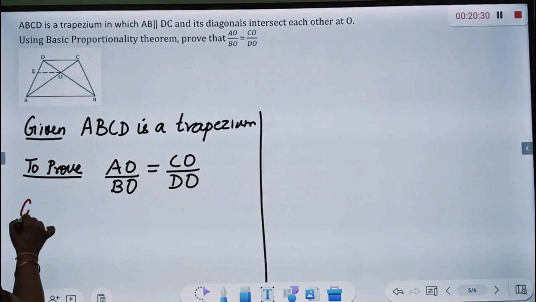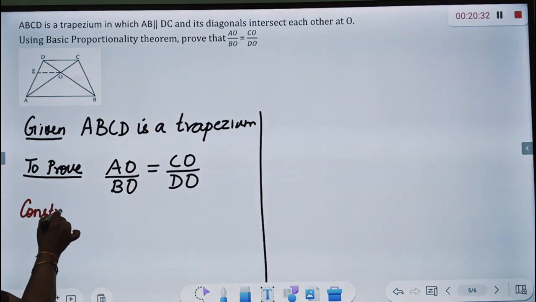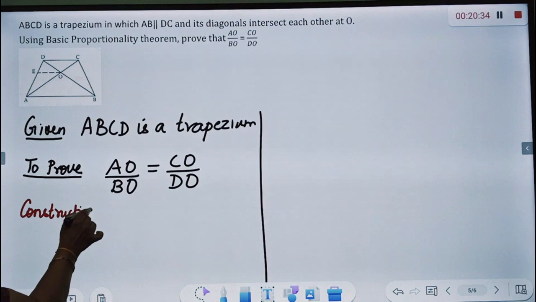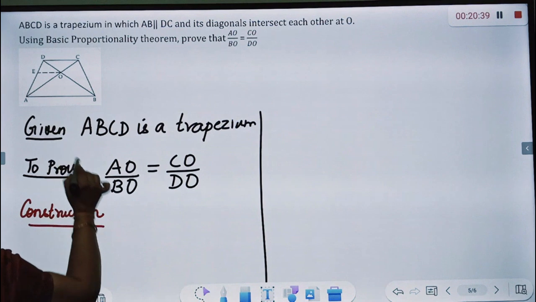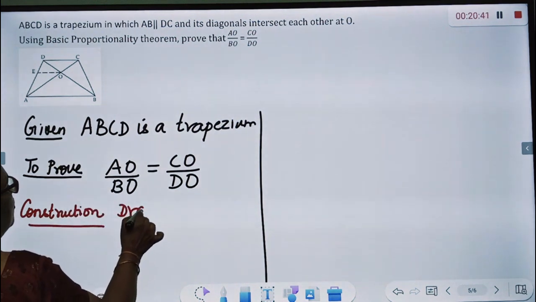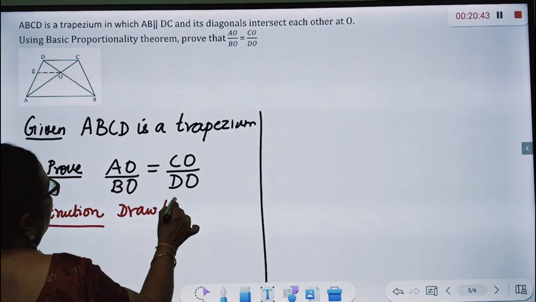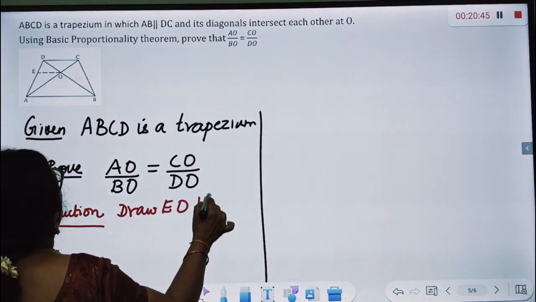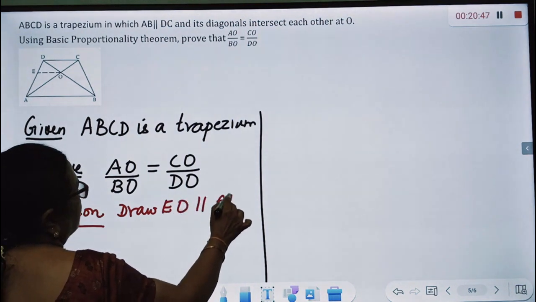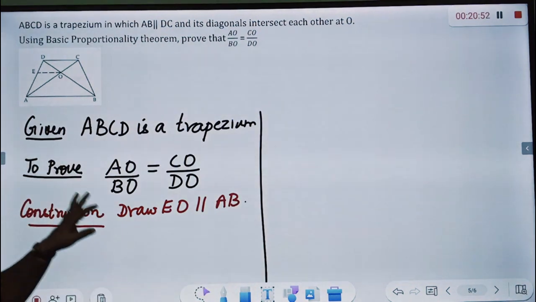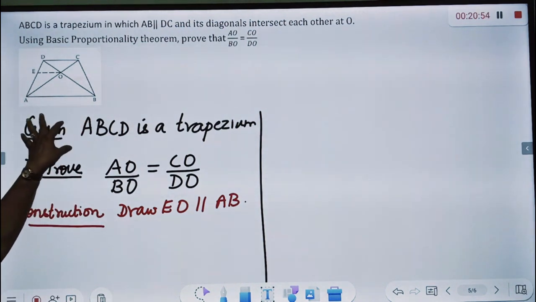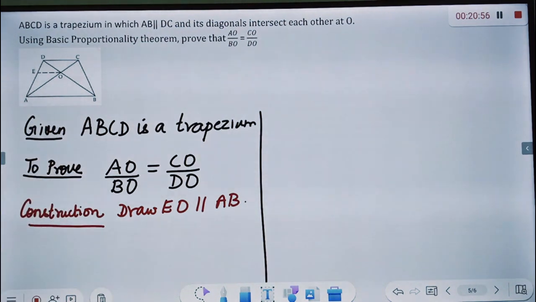Now, I am going to make a construction. This I have drawn, it was not given in the problem. Draw EO parallel to AB. So, what is the construction we are doing? We are drawing EO parallel to AB.